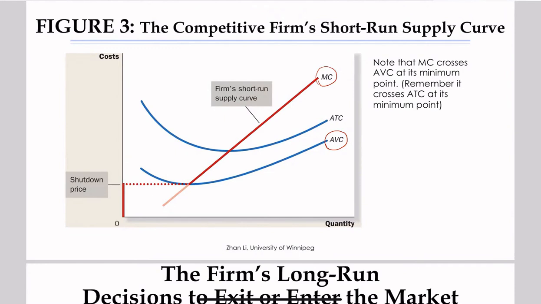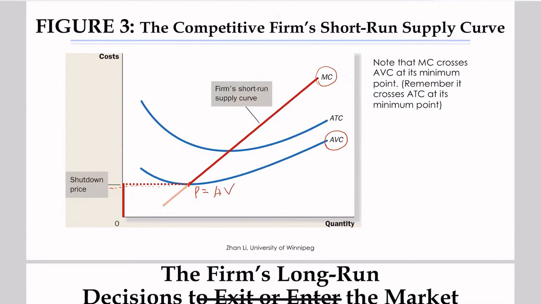Well, you can see that, let's say the price is here, right? This is the shutting down price. From this point, you can see the price is equal to, so at this point, price is equal to the average cost curve, right?